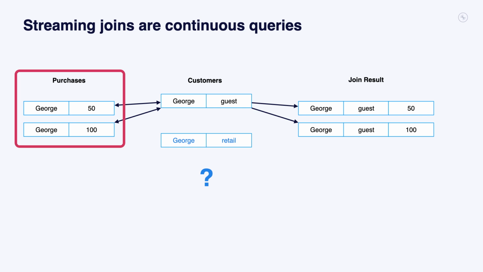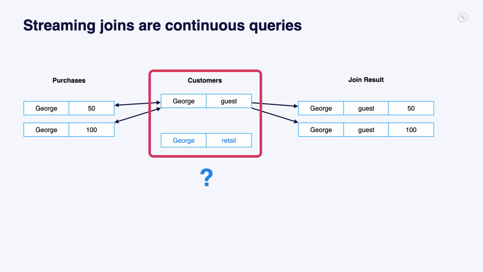These purchases that are happening, these are facts. And then we have this slowly changing dimension table describing the customers, which is more of an updating table where customers have some information that's true about them now, and some changes happen over time as the customer changes their relationship to the store.